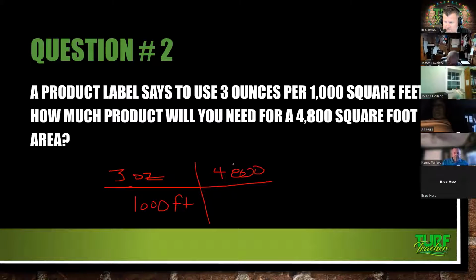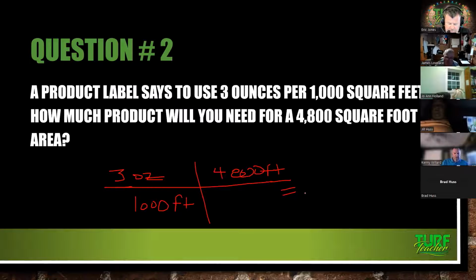It may have been easier just to divide that. What does that give us? Y'all help us out. We're dividing that by 4,800.